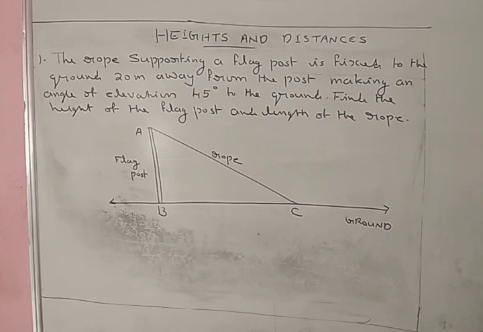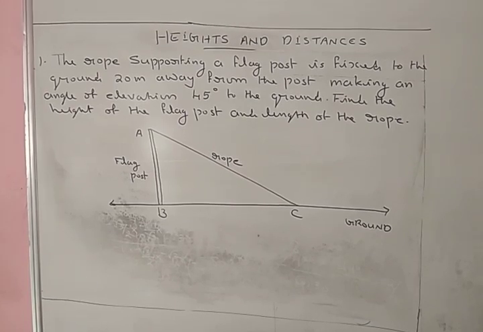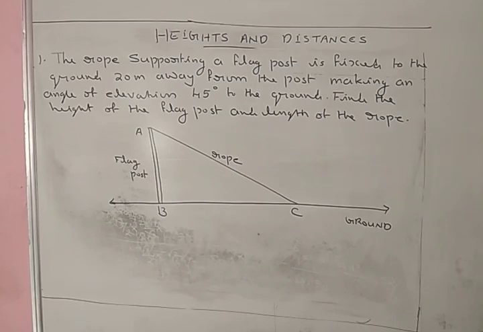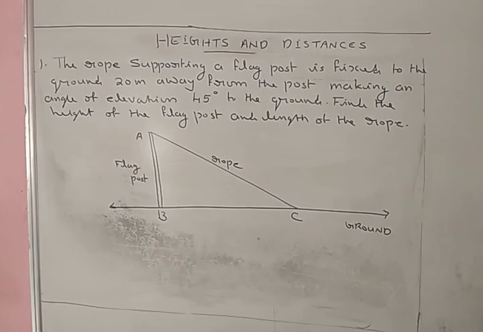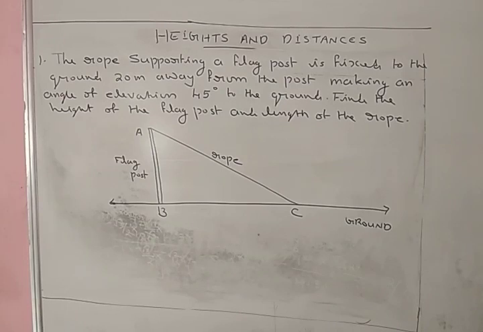And in order to support the flag post, we fixed a rope from the top of the flag post, A, and fixed it on the ground at the point C. Therefore, AC is the rope supporting the flag post AB, and BC is the distance between the flag post and the rope.